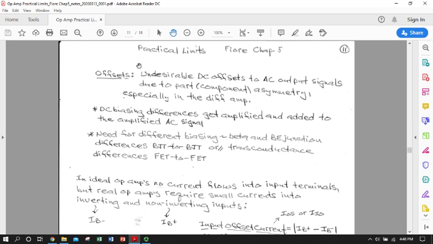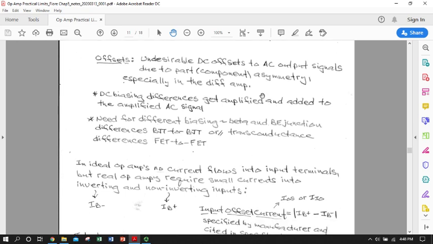It's an undesirable DC offset to an AC input signal, or I could add to a DC input signal, in which case it tends to have even bigger consequences due to component asymmetry, especially in the differential amplifier. That was something we touched on way back in Chapter 1, how to achieve a good common mode rejection ratio, the two parts of a diff amp had to be exactly the same.